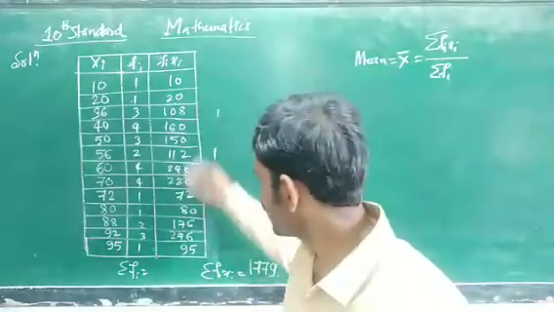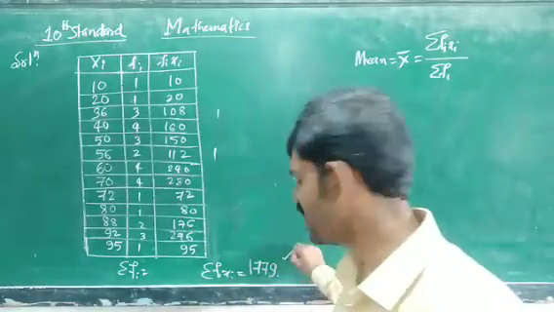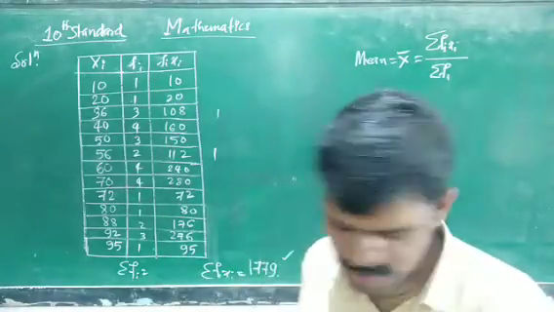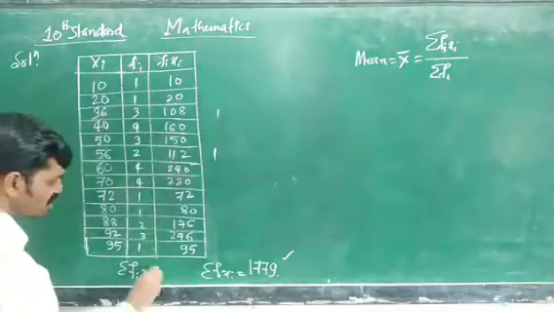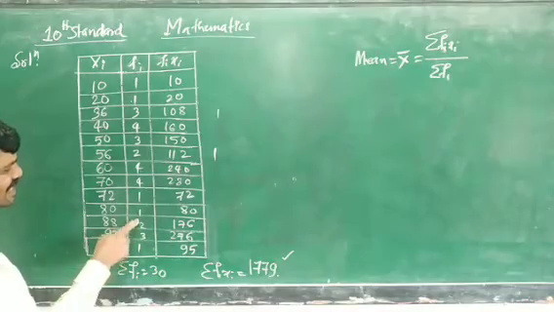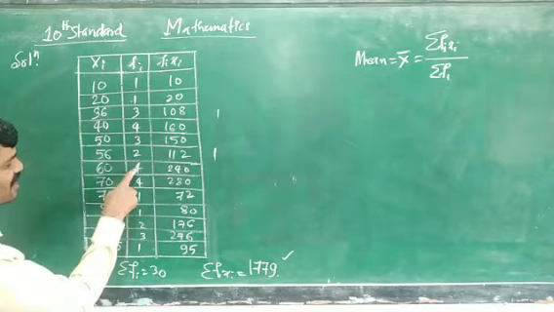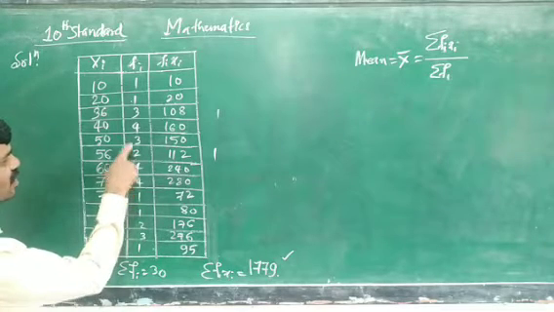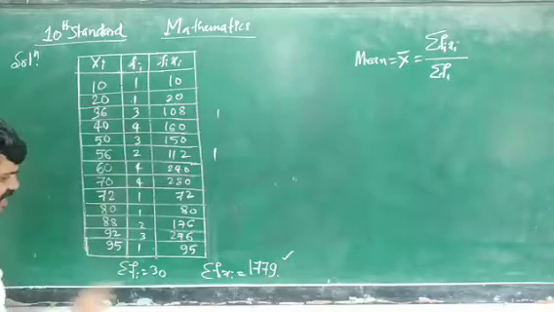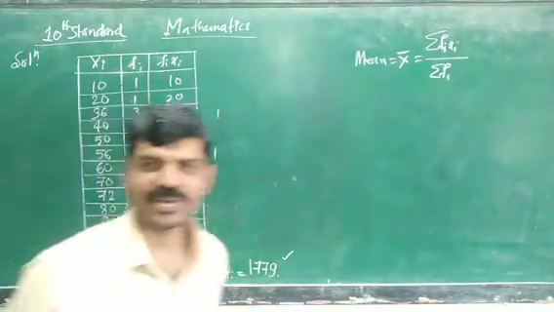So count this and the value is 1779, and count fi, so that is 30. Okay, 3, 1, 4, 6, 8, 9, 13, 17, 19, 22, 26, 29, 30. So 30 is there. Okay.